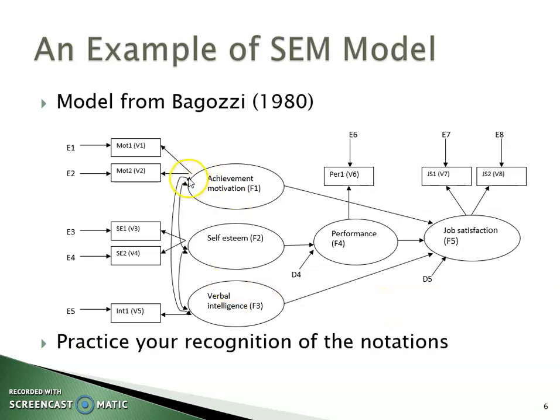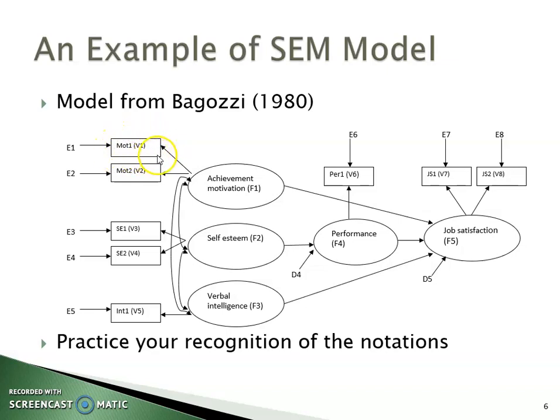Okay, in this diagram we have 5 latent factors. They were placed in oval shapes. For each of the latent factors, we have observed variables, or measured variables, as the indicators. For example, for achievement motivation, the first latent factor, F1, we have 2 observed variables.